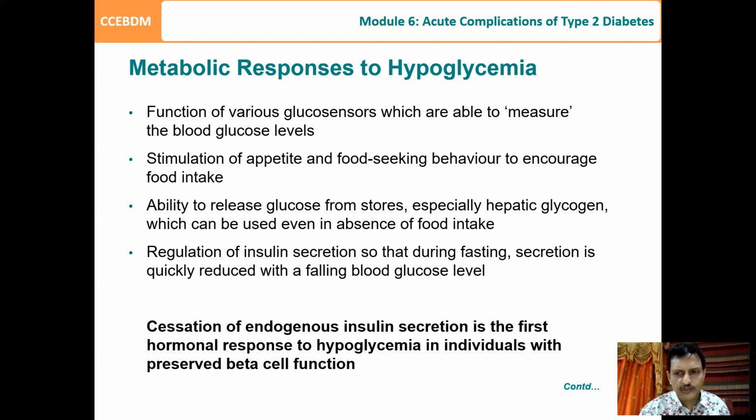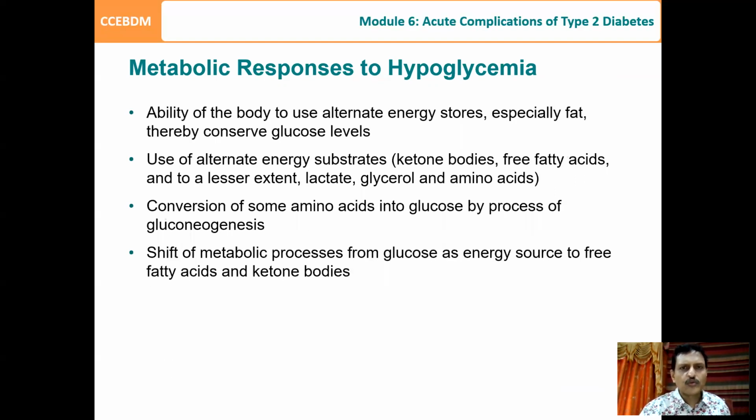The second response is an increase in the glucagon level. When the glucagon level goes up, the alternate stored energy, that is fat, glycogen, and sometimes protein, are progressively broken down. And the alternate energy substrates, the ketone bodies and fatty acids, gradually go up.